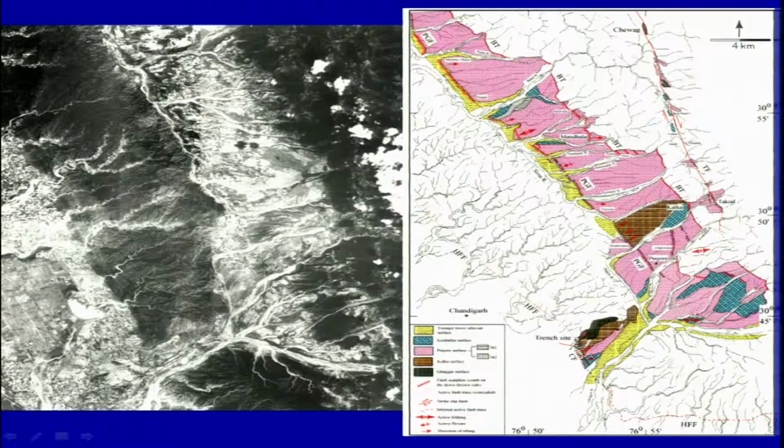So you can compare the photograph on the left and the geomorphic map along with the surfaces as well as the fault lines to understand how we have extracted the information using the satellite data and prepared our fault map or morphotectonic map of that particular region.